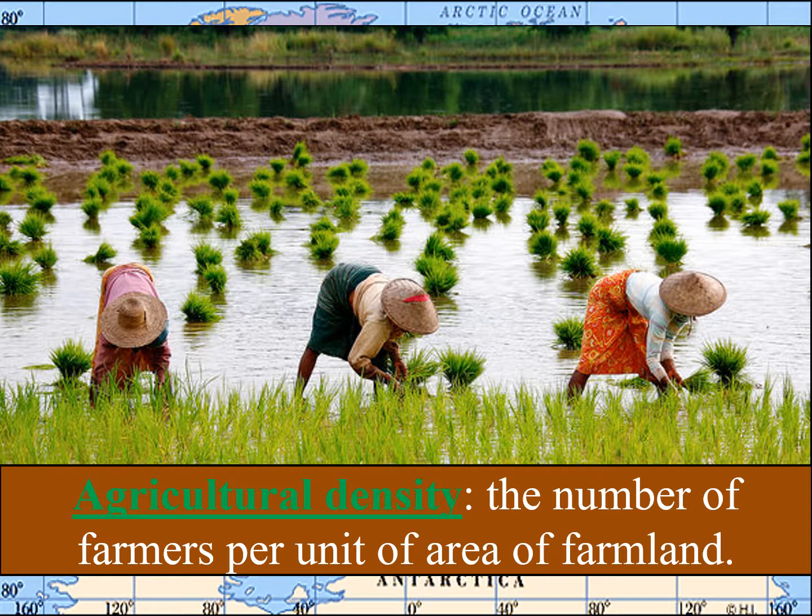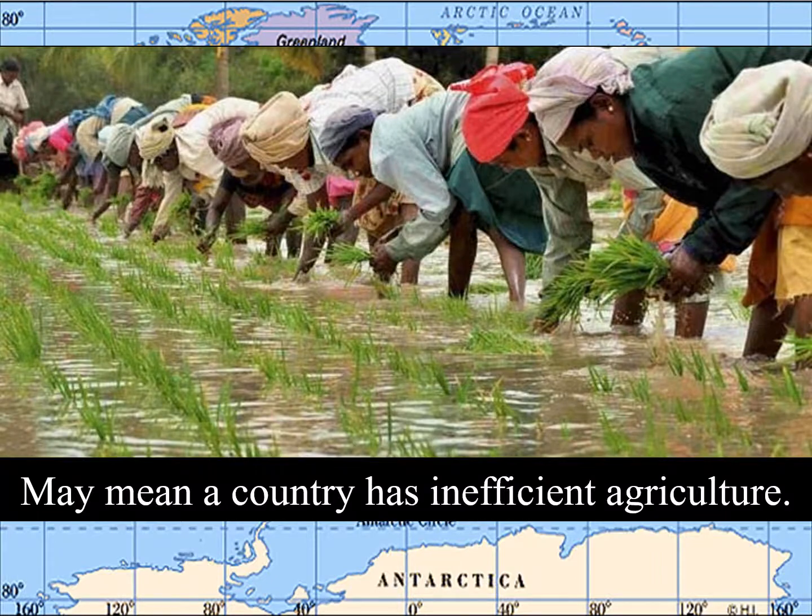A highly developed country like the United States is going to have a very low agricultural density, meaning that we don't have very many farmers and we have a lot of arable land because our farmers have technology. Whereas less developed countries are going to have very high agricultural densities where they have a lot of farmers per arable land because they're working by hand, so there's a lot more people involved. So this may mean a country has inefficient agriculture.